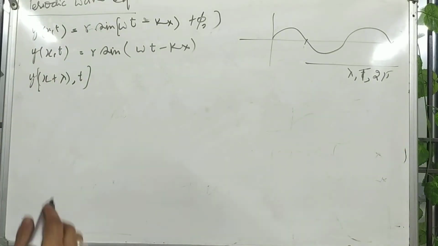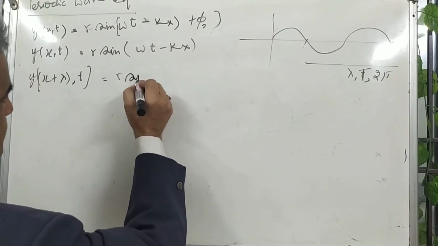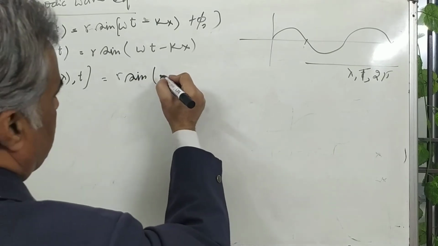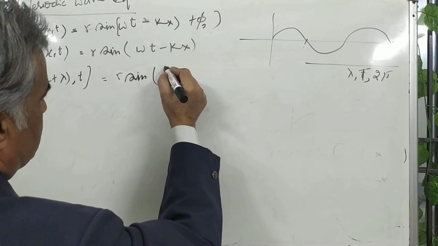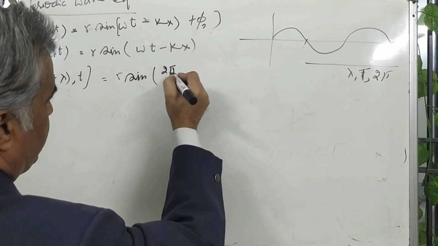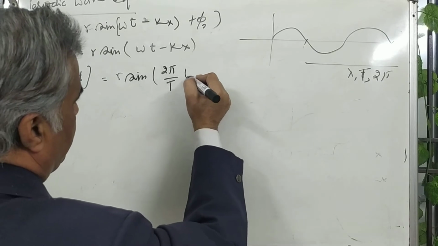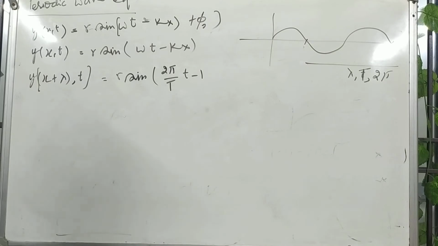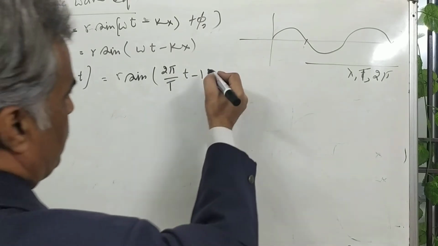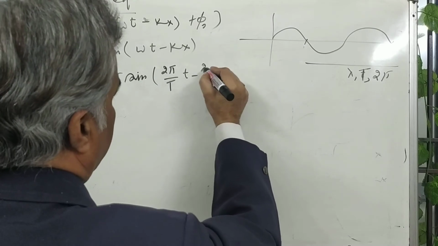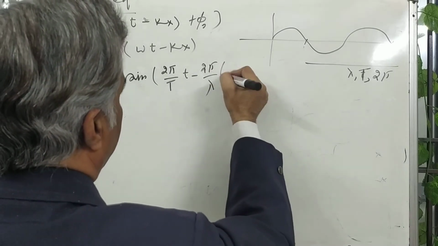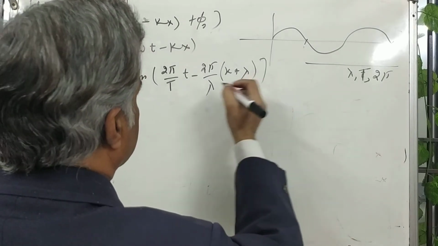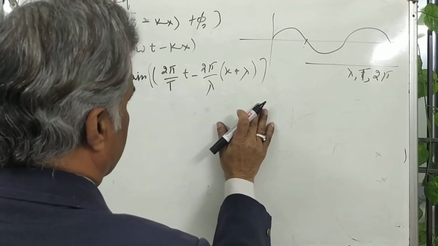So in this case, this is r sin of ω, which is 2π by T, into t, minus k. K is 2π by λ, and x plus λ.